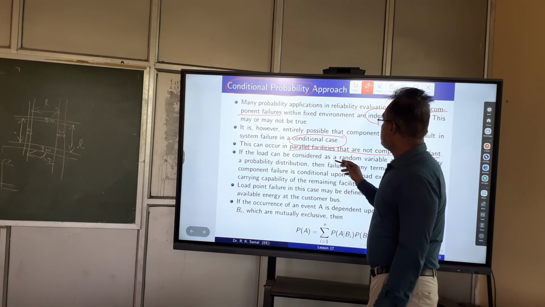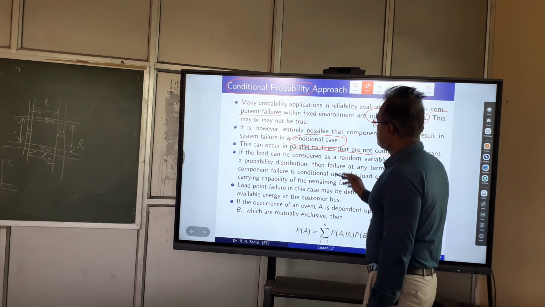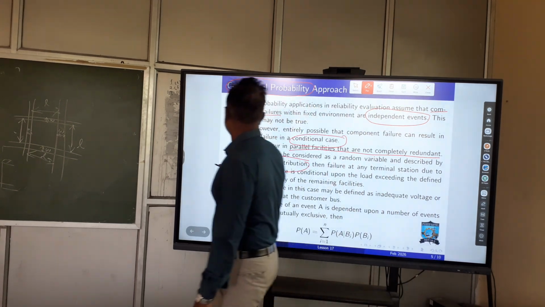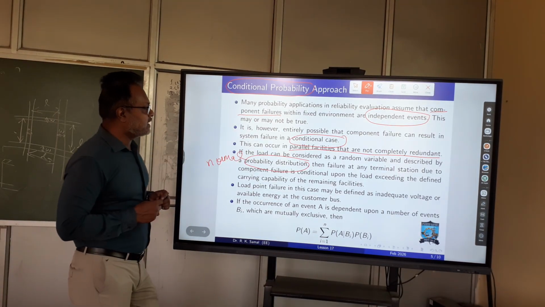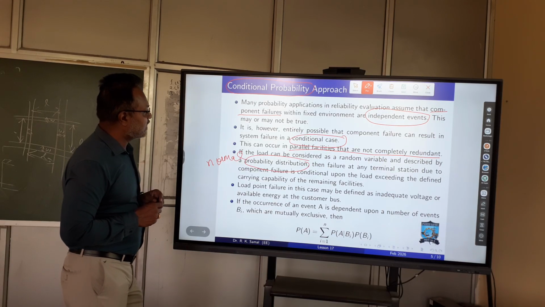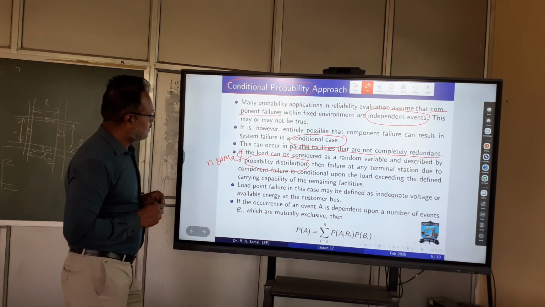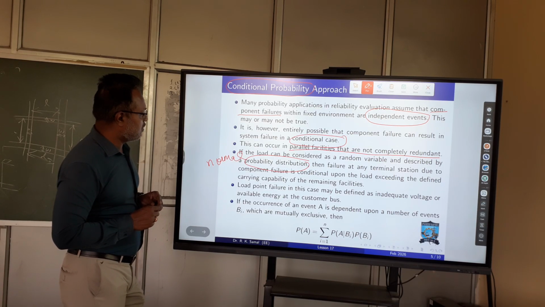If the load can be considered as a random variable described by a probability distribution, mostly normal distribution, then failure at any terminal station due to component failure is conditional upon the load exceeding the defined carrying capability. Load point failure in this case may be defined as inadequate voltage or available energy.